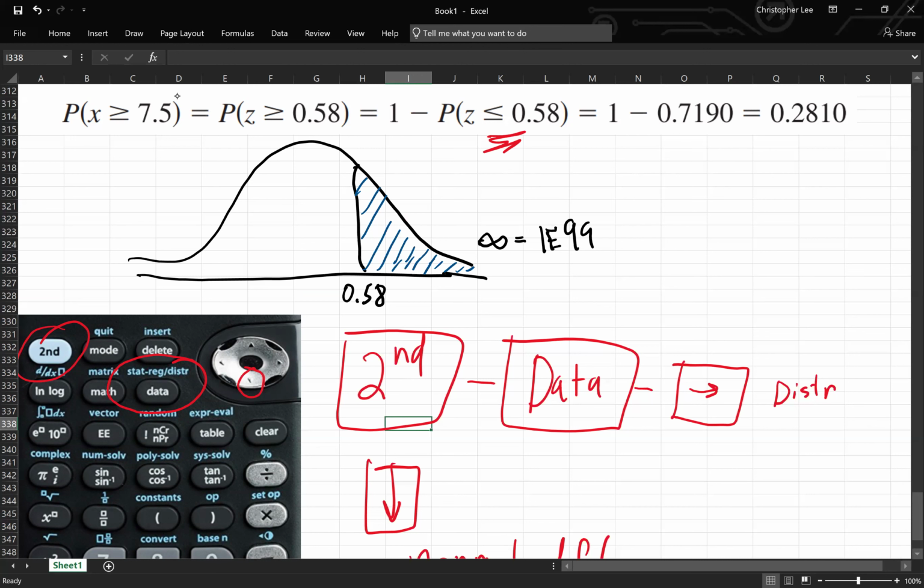Something real simple. 0. So our mean is 0, and our standard deviation is equal to 1.